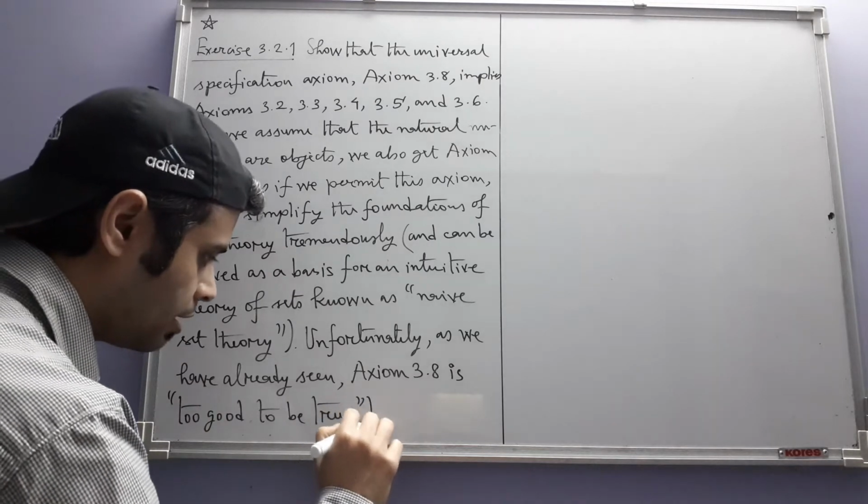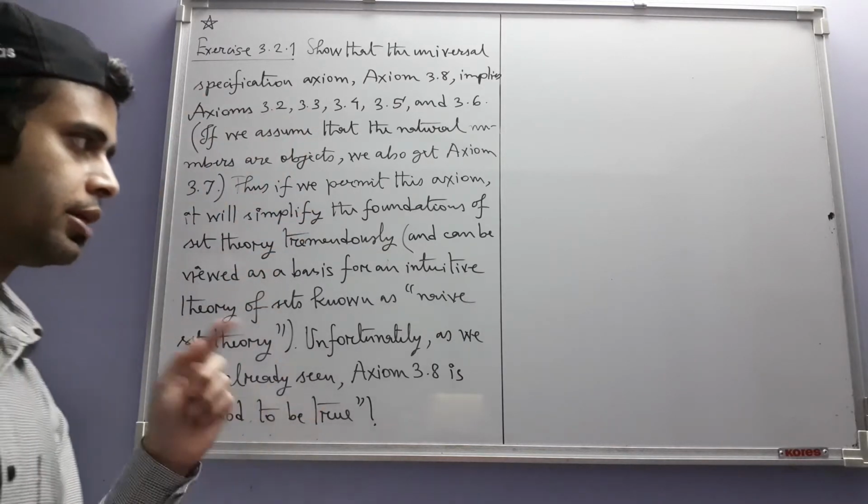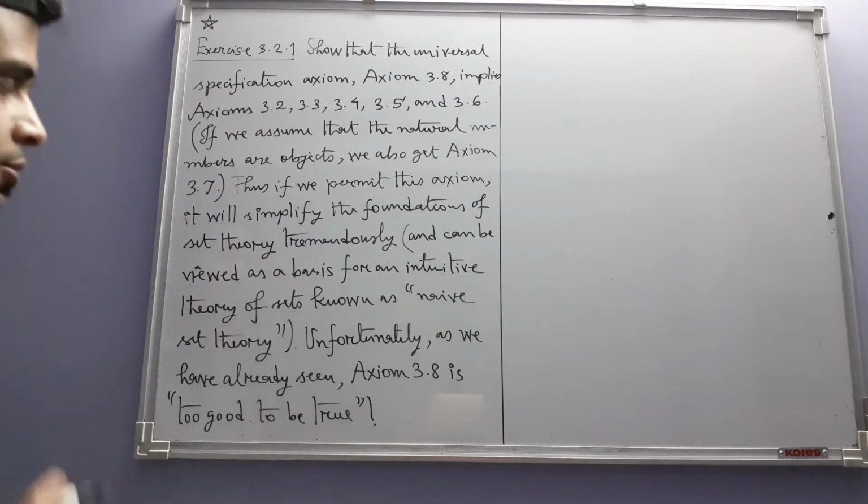Why? Because it leads to Russell's paradox. And we have introduced axiom 3.9, the axiom of regularity or the axiom of foundation, to tackle this problem. Exactly how it tackles the problem, we have not got to that, but we will come to that soon.